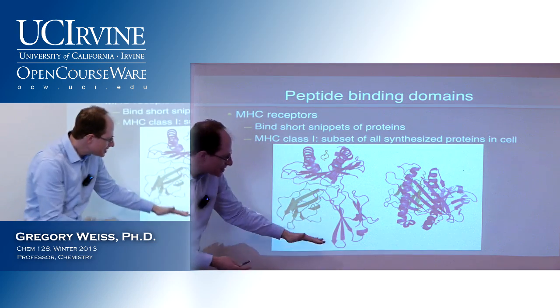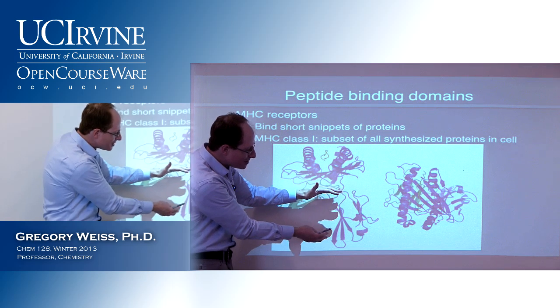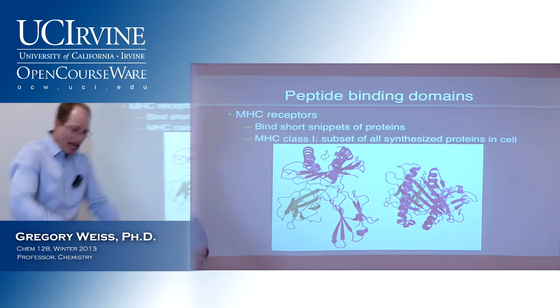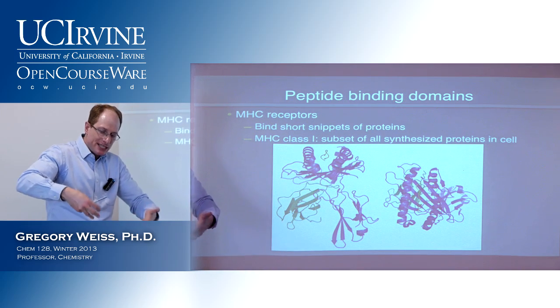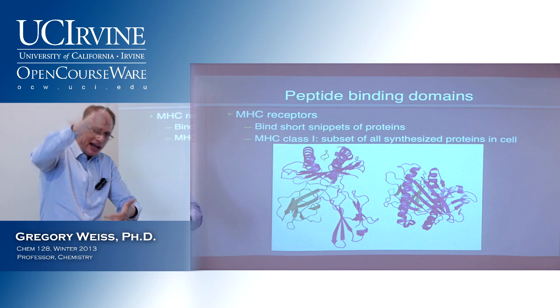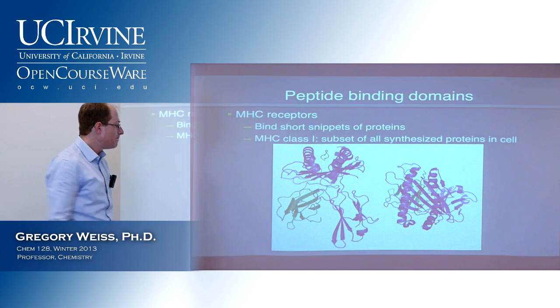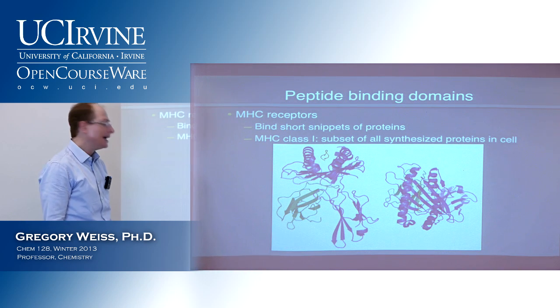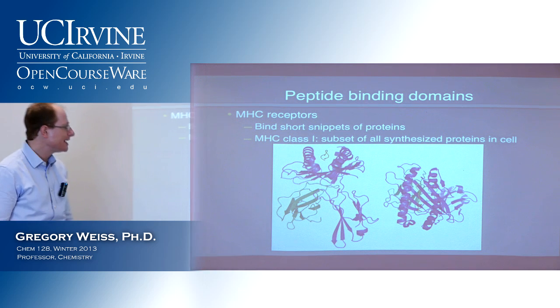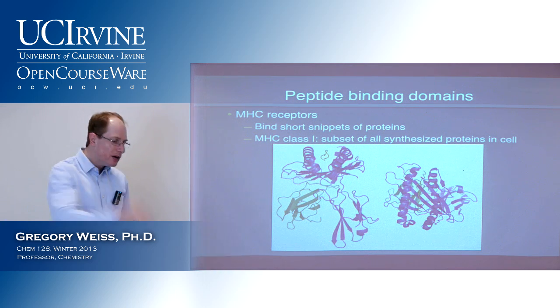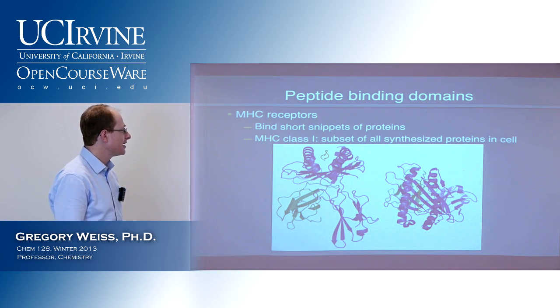Down here is the surface of the cell. Here's the scaffold of this immunoglobulin domain, holding it above the surface of the cell, making it a little easier for the flag to be seen by passing T cells, especially cytotoxic T cells that take an interest in these things and then can go into action and kill the cell if necessary.